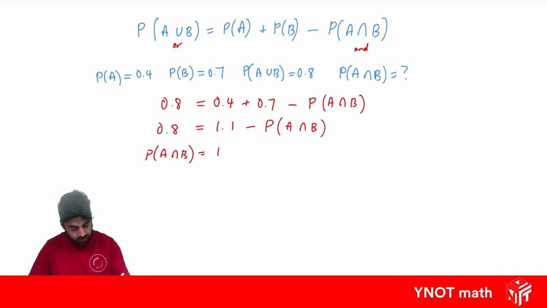So we add that over and minus the 0.8 from both sides. So we get the probability being 0.3 for A intersection B.